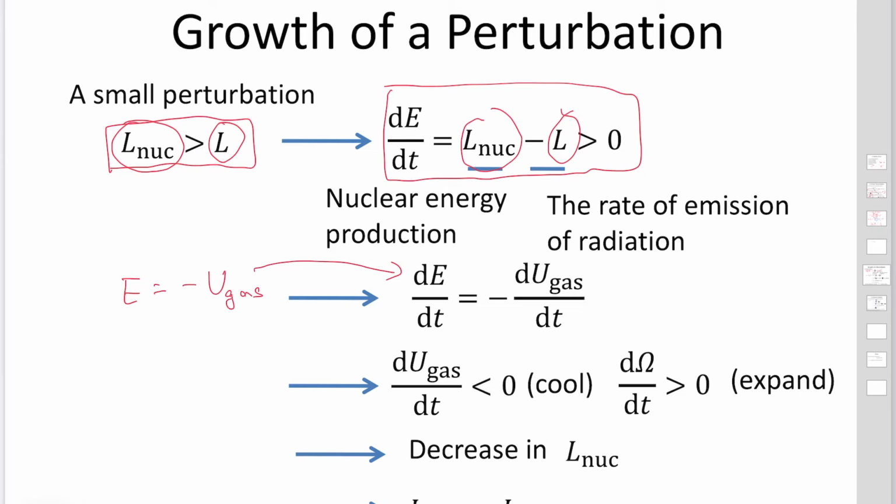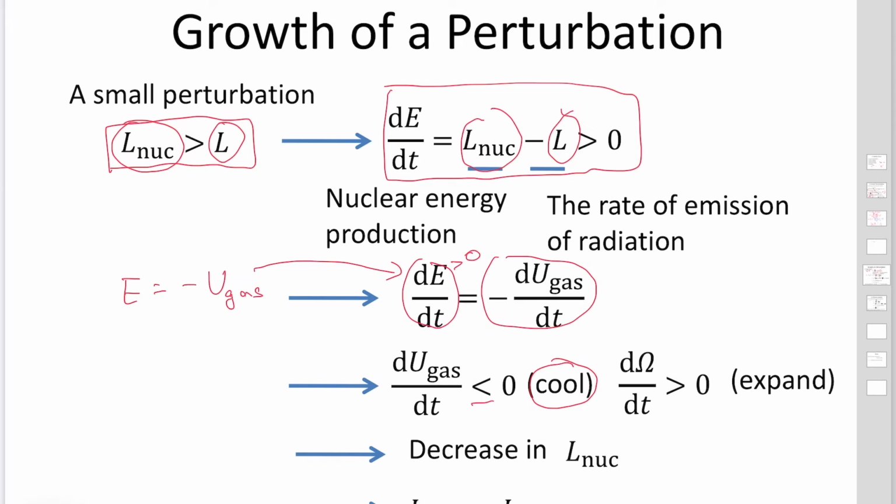Energy is increasing, so the left hand side is a positive quantity. Then dU_gas over dt has to be negative. So internal energy is decreasing, which means the star is cooling down and the temperature is going to drop.